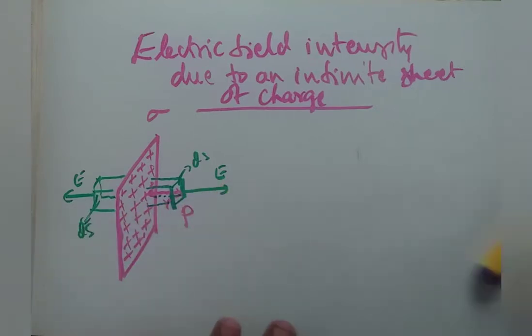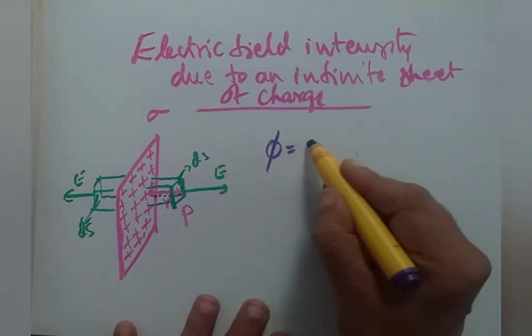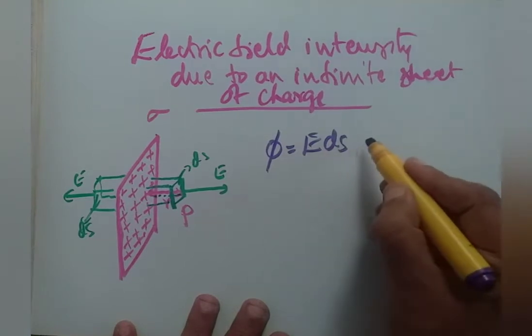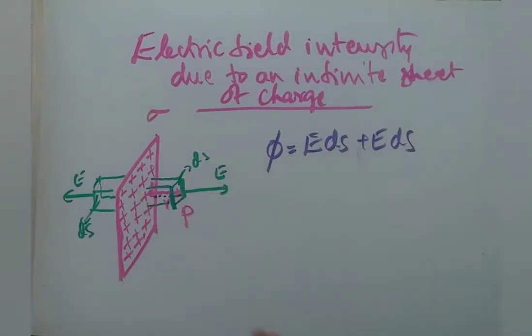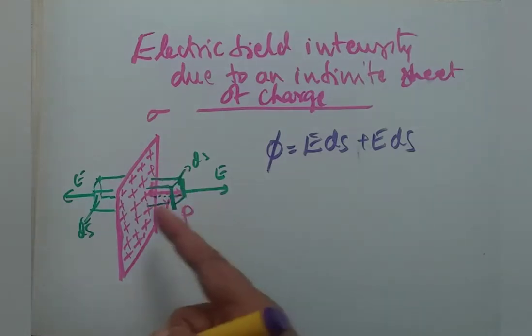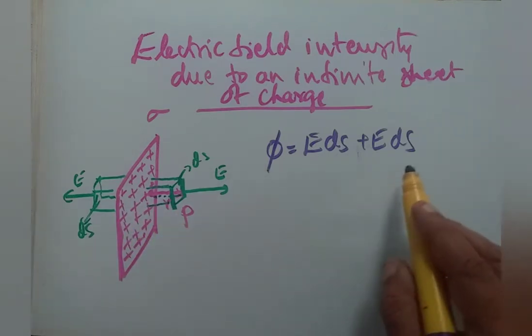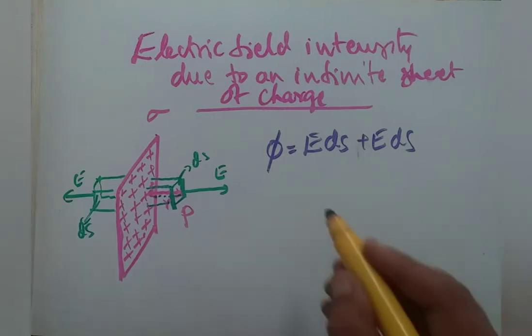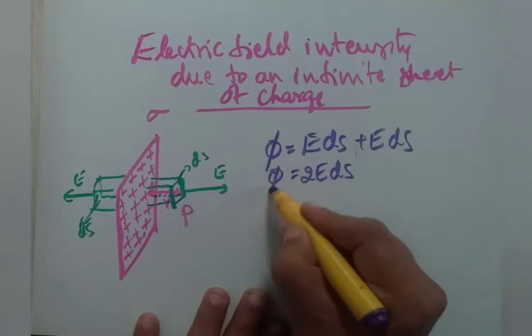So the total flux phi equals E dS plus E dS. I need not consider the rest, because it is an infinite sheet of charge, only the two surfaces dS and dS are to be taken, and the electric field intensity is the same there. Therefore E dS plus E dS, that is 2E dS, is phi.